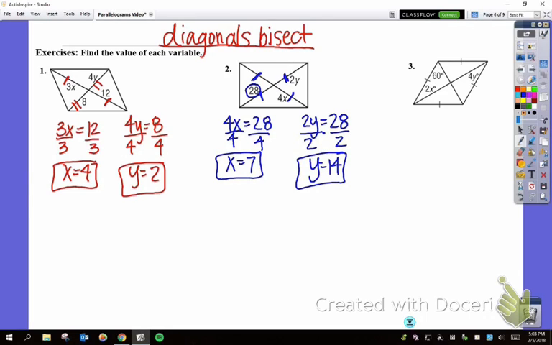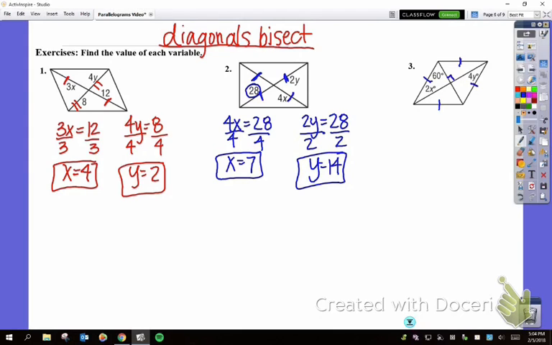Now, our third one is a little bit different, and we haven't quite gotten to this part yet. But we notice that all 4 sides on our third example are congruent. We have a dash mark here, here, here, and here, which means these are equal. Now, a little bit later on, when all 4 sides are equal and it's still slanted, we're going to call it a rhombus. And it's going to make our middle angles be perpendicular and be 90 degrees.